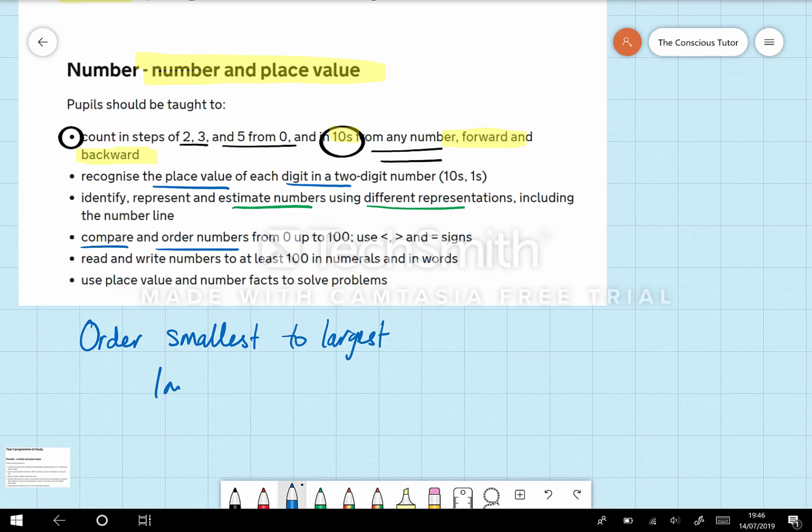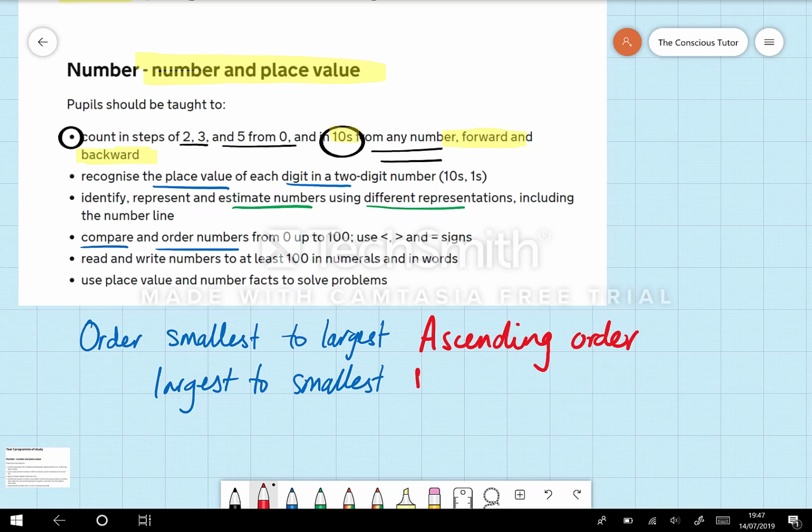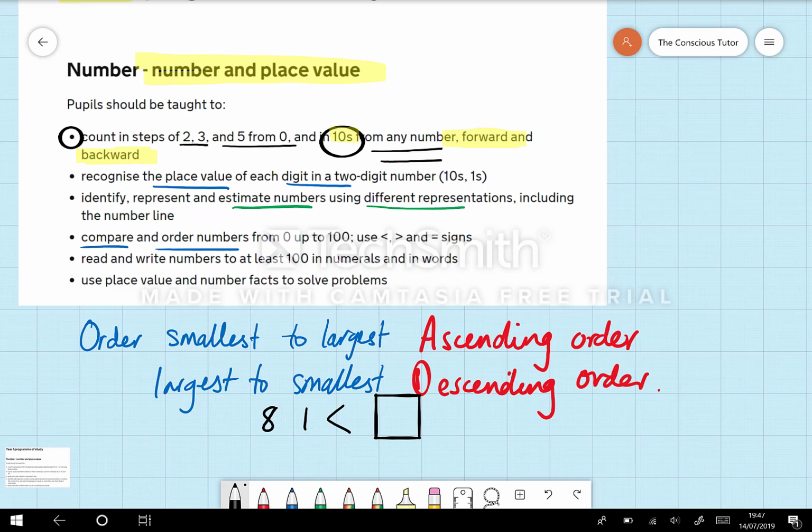So ordering numbers from smallest to largest or largest to smallest, you might be given a selection of numbers: 17, 26, 50, 5, 3, 13, and having to put them in ascending order, so from smallest to largest, or descending order. You might also be given some cards like 5, 6, 2, and try to work out the smallest two-digit number that you can make from those three cards.